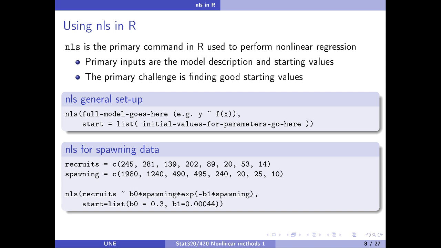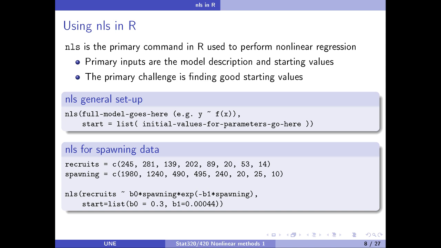So if we're looking at the spawning data, the recruits ranged from 281 million at the peak down to 14 million at the low. And the spawning biomass ranged from 1,980,000 tons down to 10,000 tons.